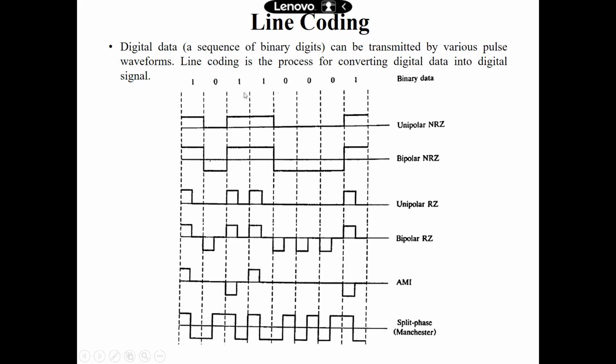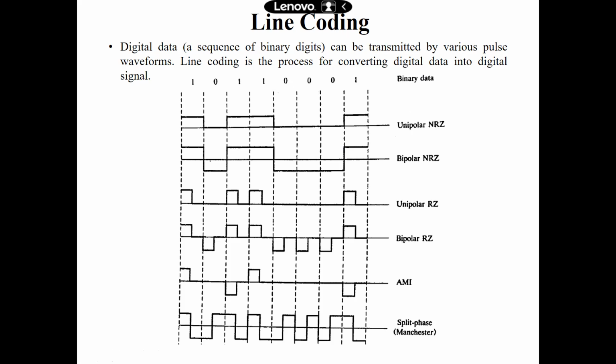So suppose we have binary data available to us, which is 101100001. We have these different line coding techniques. The first one is unipolar NRZ. Unipolar means it has a 1 and a 0. When it's bipolar, it means the values are 1 and -1.